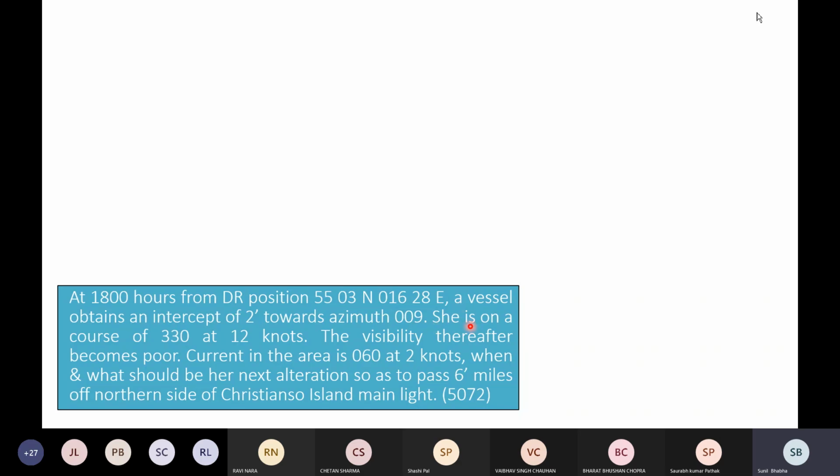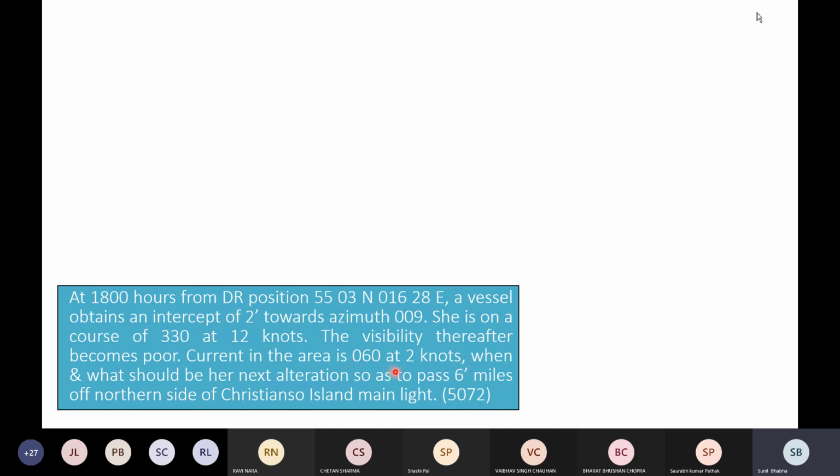Let's go ahead. She is on a course of 330 at 12 knots. So the vessel is steering 330 course. The engine speed is 12 knots. The visibility thereafter becomes poor, a restricted visibility scenario. Current in the area is 060 at 2 knots.